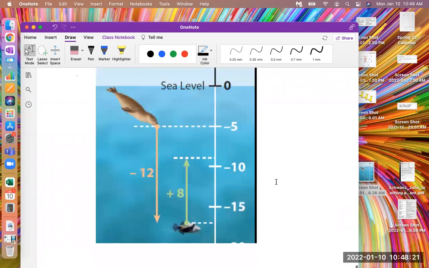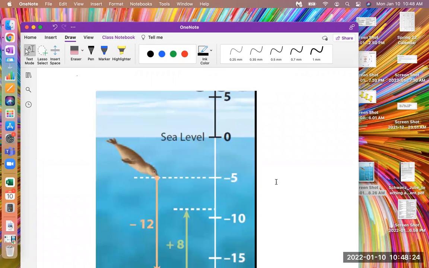We can see from this picture, here's sea level, and there's under the sea and above the sea. If above sea is positive, moving up, we call that positive, and moving down below sea level is the opposite direction, so moving down is negative and moving up is positive.